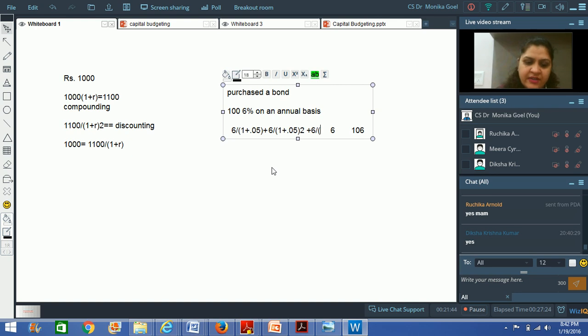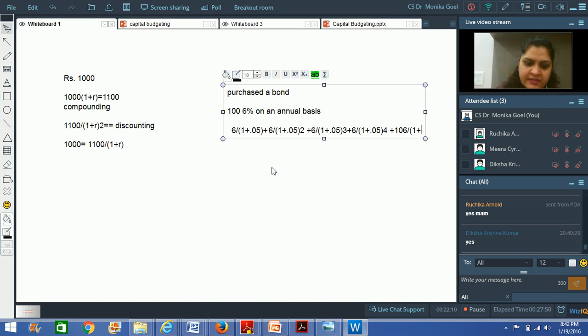In the third year, I again get 6 rupees, whose value is 6 divided by 1 plus 0.05 raised to power 3. In the fourth year, 6 rupees, which is 6 divided by 1 plus 0.05 raised to power 4.